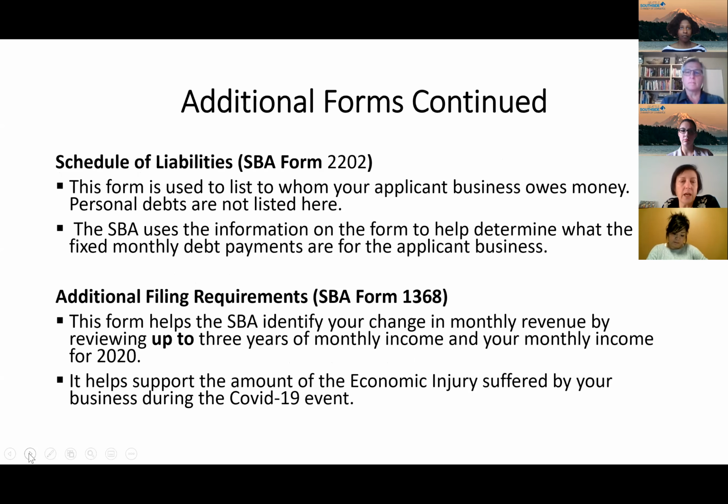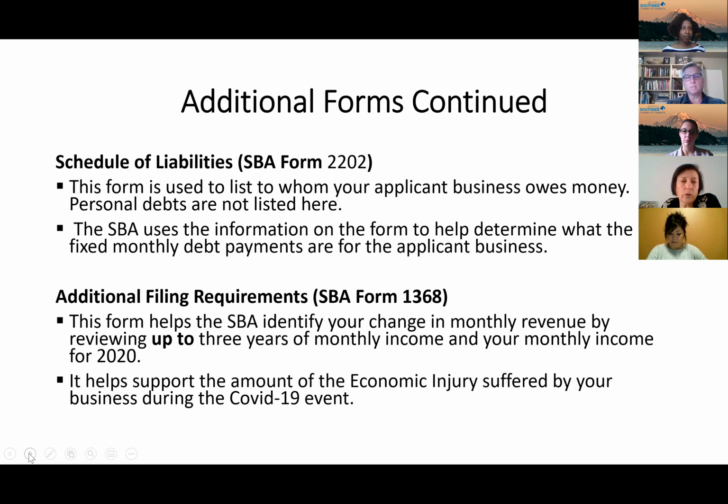The SBA does use the information on the 2202 form to help determine what your business's fixed monthly payments are, because the fixed monthly payments are part of the borrowing that is eligible under this disaster relief loan product. So what you want to do is make sure that you're listing, again, all of the business debts on this document, along with the monthly payments and additional information, which we'll go over in a few minutes.